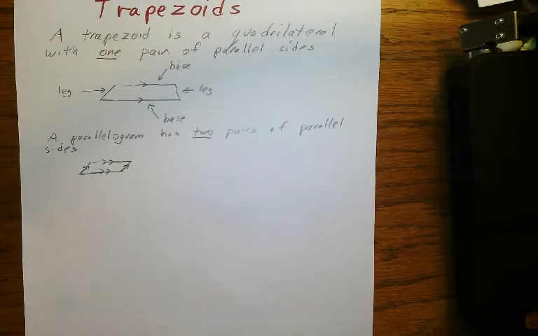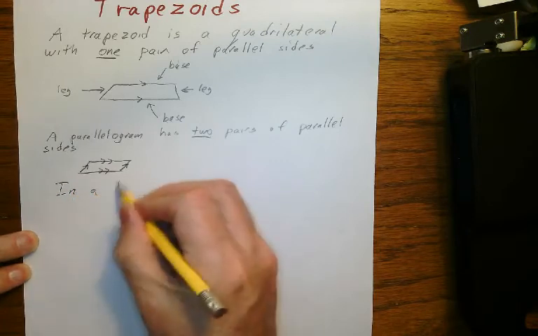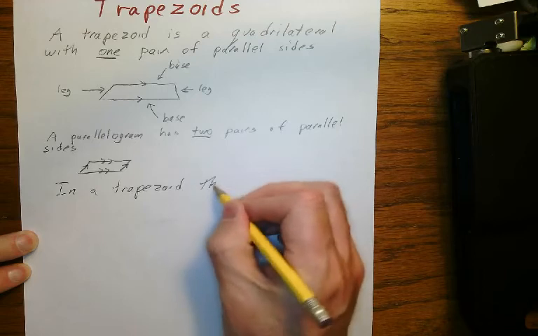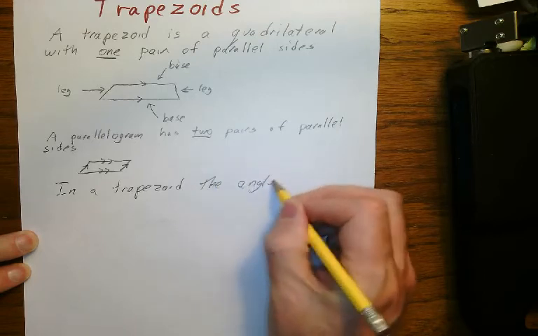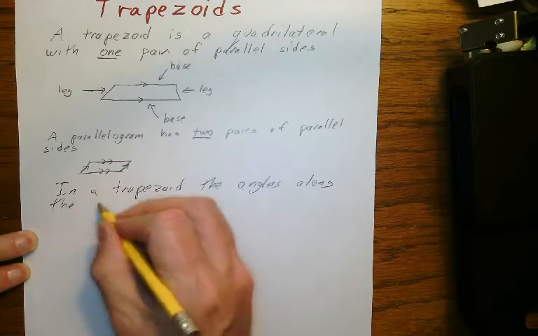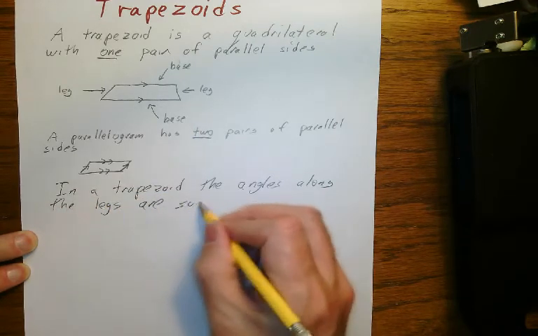So in a trapezoid, the angles along the legs are supplementary.